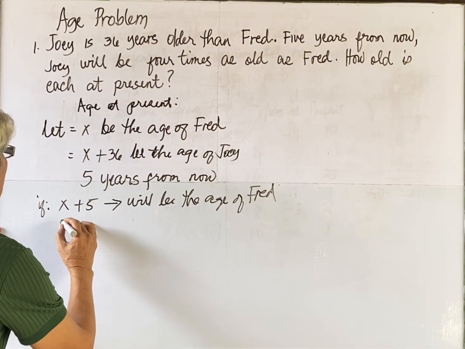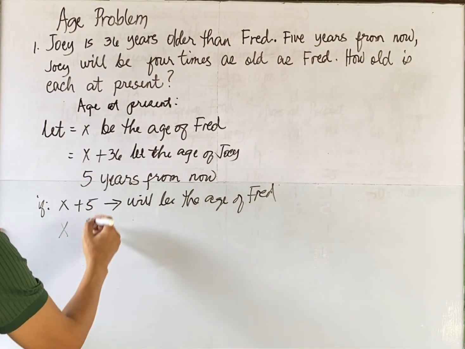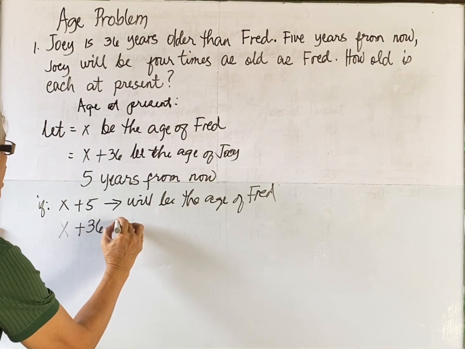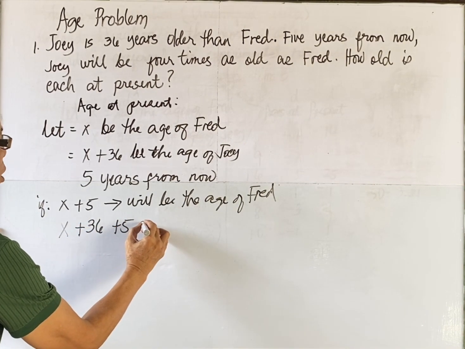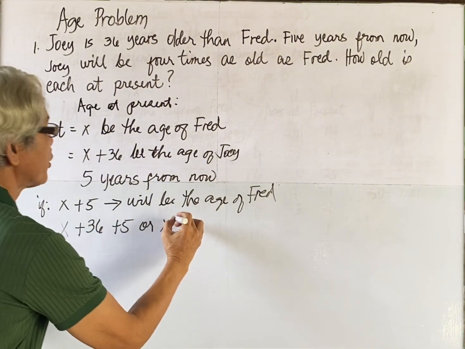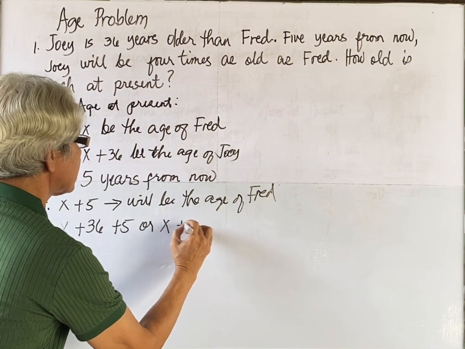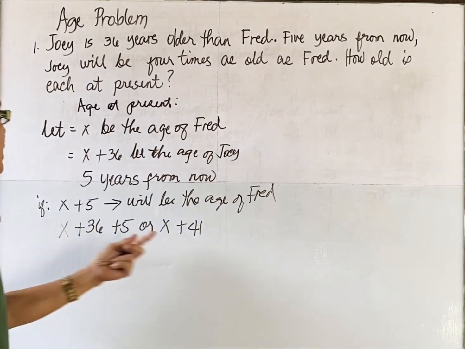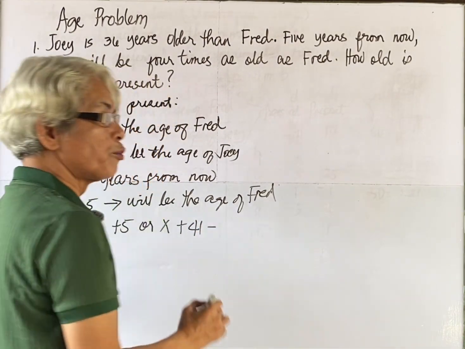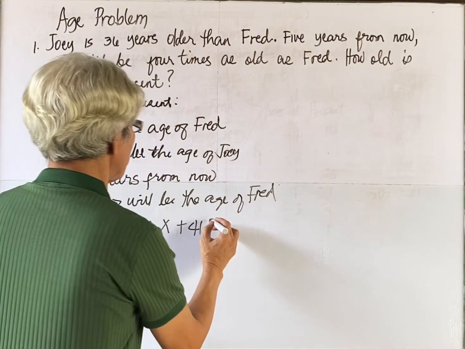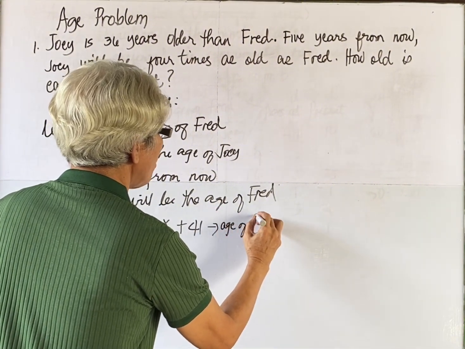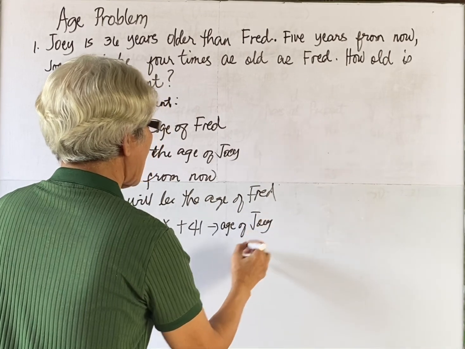So the age of Joey will be X plus 36 and then plus 5, or X plus 41. X plus 41 is now the age of Joey 5 years from now.